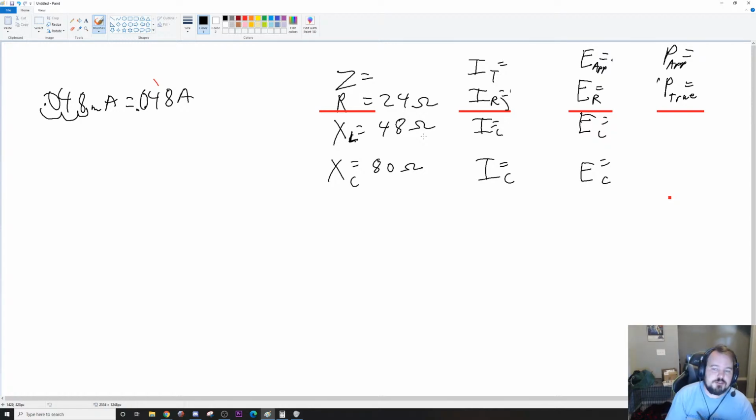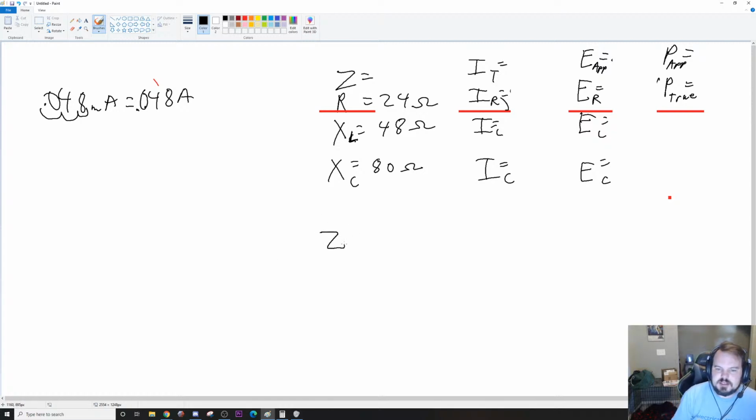So your formula for finding Z in a circuit that has X of L and X of C. In a circuit that just has one or the other, it's simply the Pythagorean theorem.